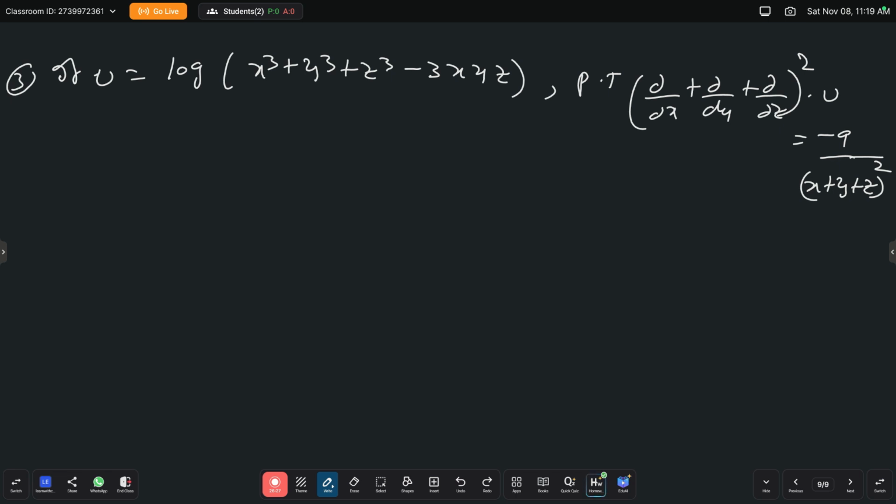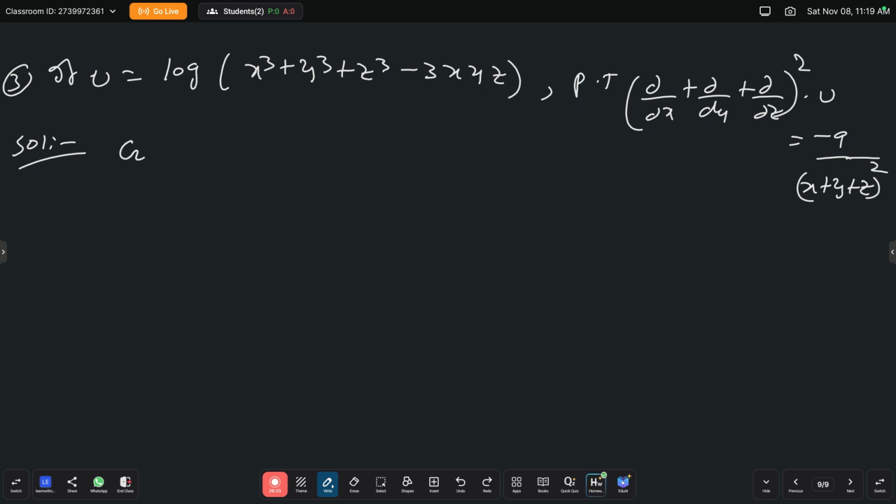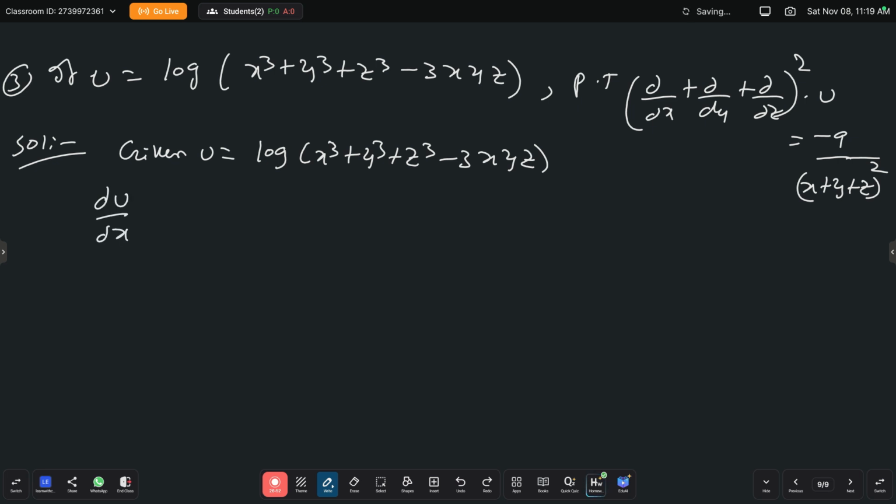So the given function is, now the solution, the three variables, the given function u is equal to log of x cubed plus y cubed plus z cubed minus 3xyz. Okay, now find ∂u/∂x.